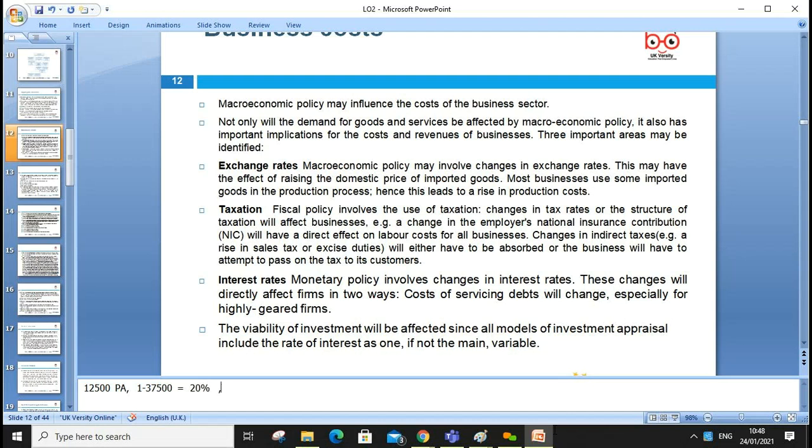And if anyone earns from 37,500 to 150,000, the tax rate is 40%. And after this we have 45%. In other parts of the world it even goes to 50-70%.